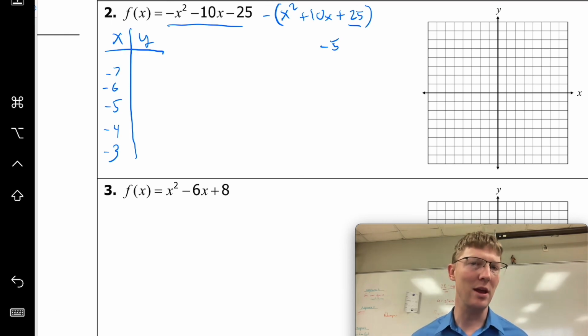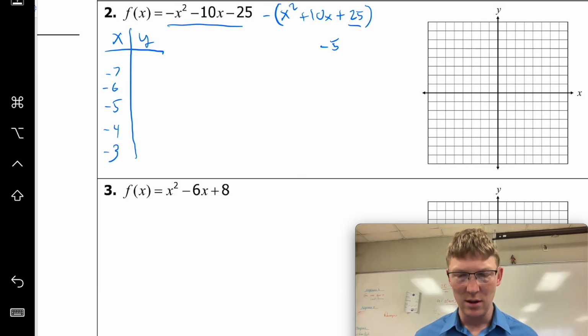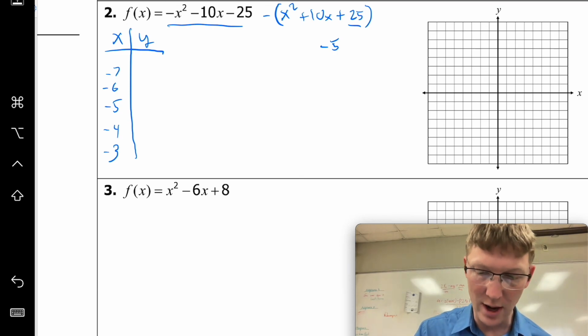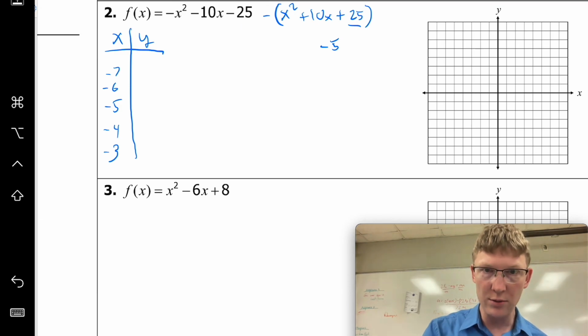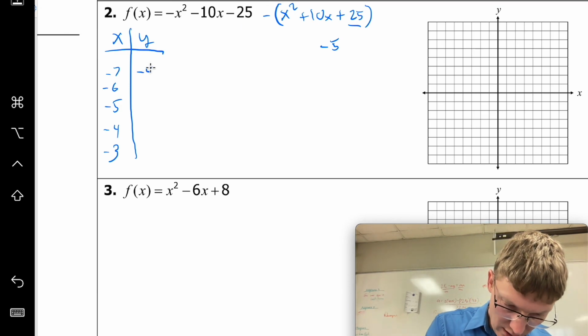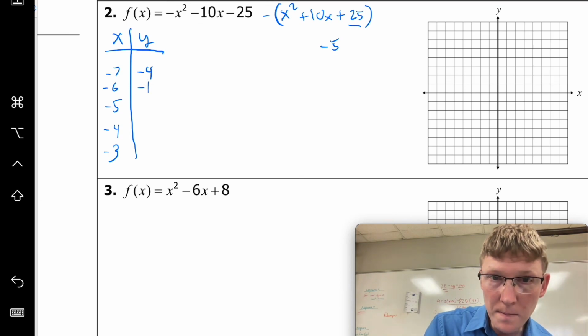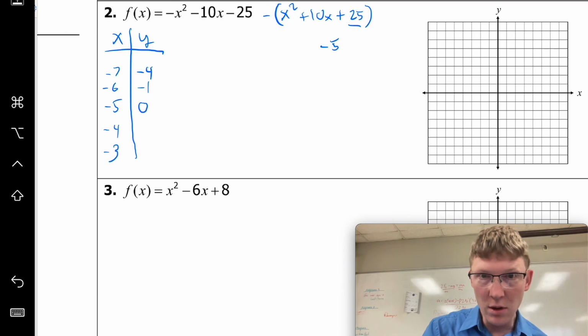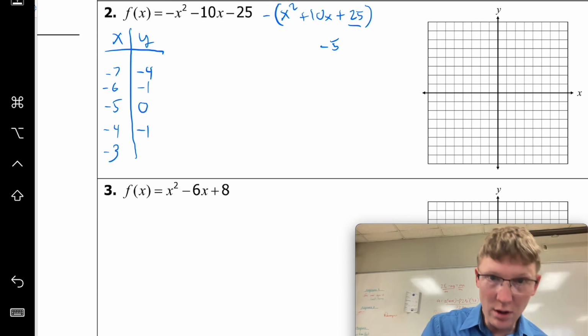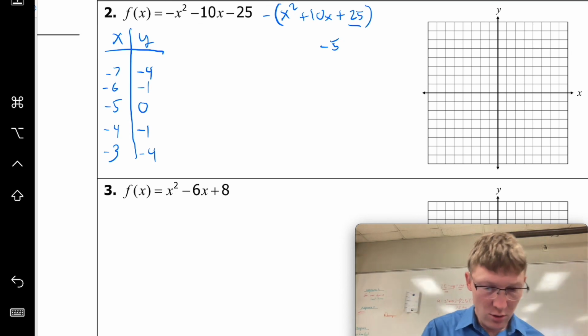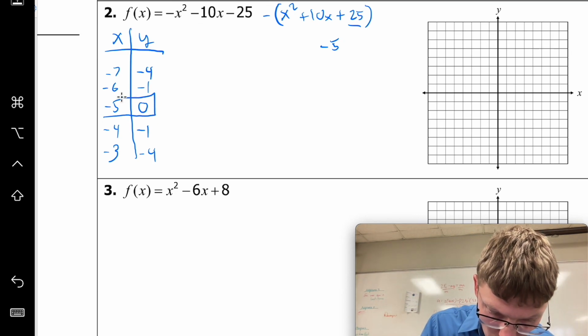That's probably the easiest way to do this. You can do it all by hand if you're taking a test that you can't use a calculator. Either way, you just plug these numbers in for x. So here we go: negative 7, negative 4; negative 6, negative 1; negative 5, 0; negative 4, negative 1; negative 3, negative 4. So again, this is going to be our vertex.